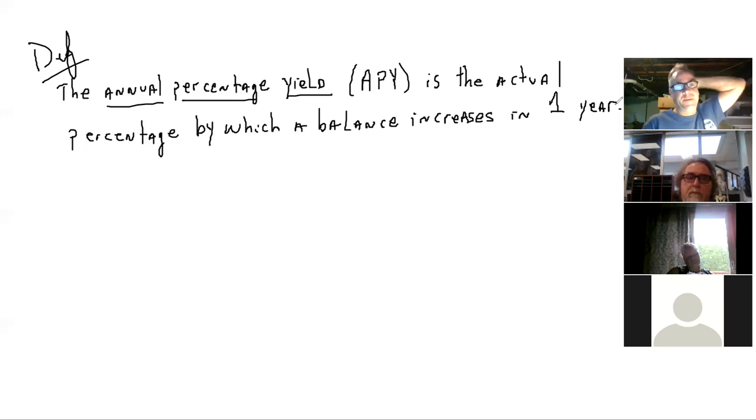So if you're compounding annually, then your APR and your APY would be the same. It's going to be greater than the APR if you compound more than once a year. The APY will be.